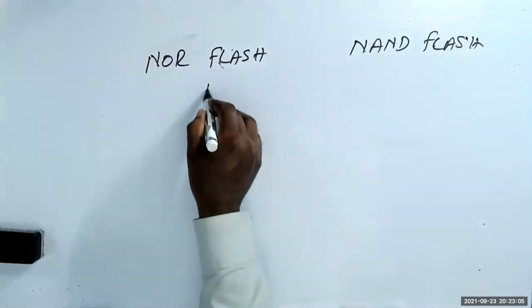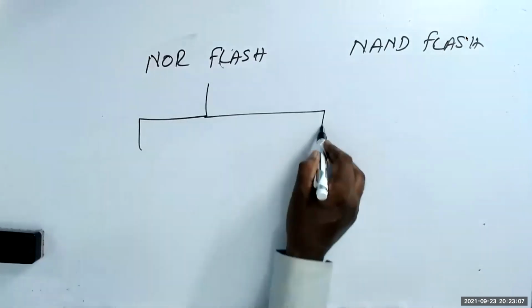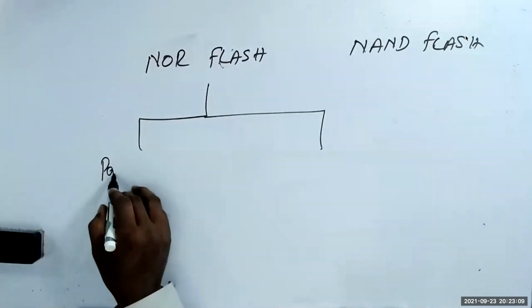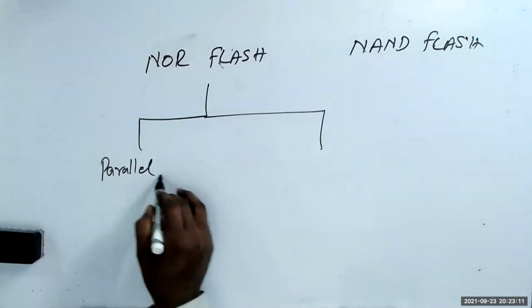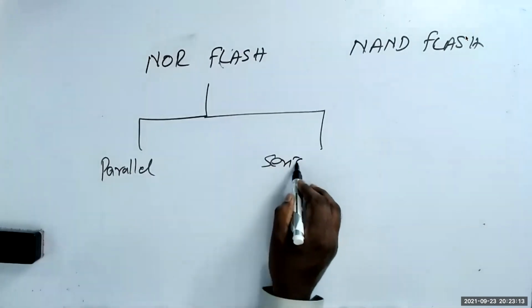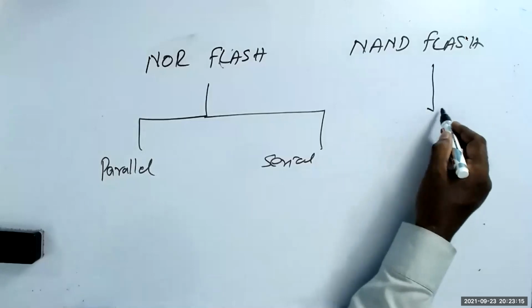In NOR flash, there are 2 types. One is called parallel. The other one is called serial. And this one is called sequential.